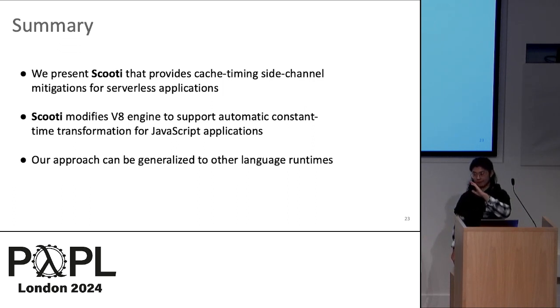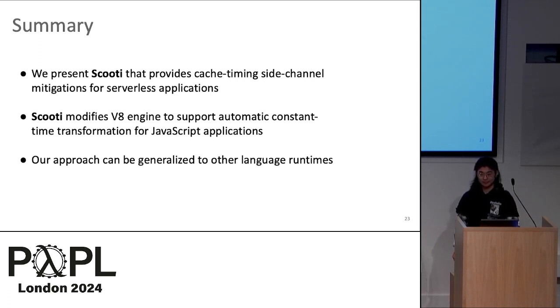So for general applications, I think the performance highly depends on how the developers provide the annotations for the secrets they really want to protect. So this will affect the performance a lot. And probably in the next step, we could provide a more fine-grained type system with different levels of privacy control for the developers to let them tune the performance and the privacy.